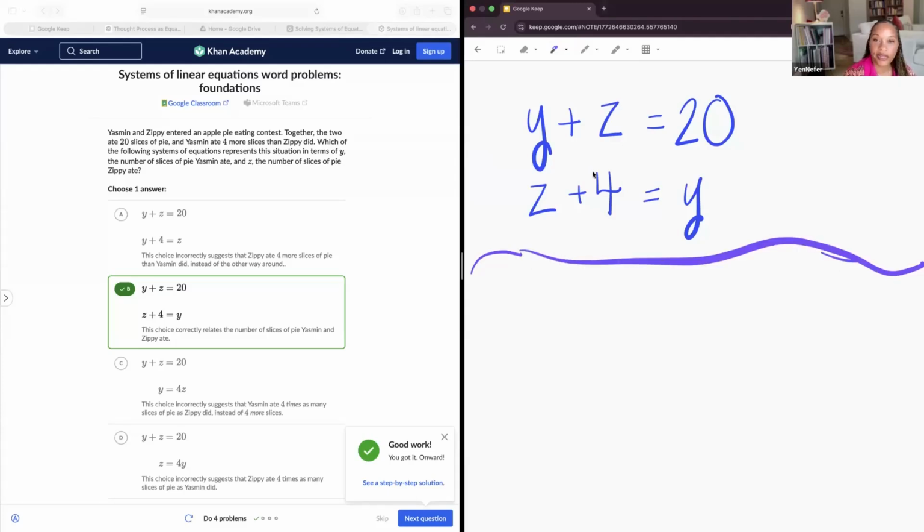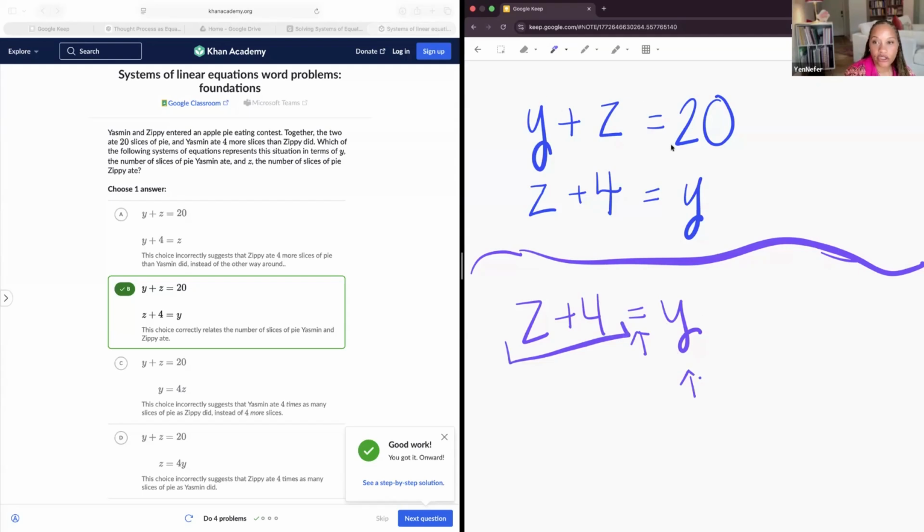So let's take z plus 4 equals y. Now, I can manipulate this equation if I know the laws of equality. I can move things around. What's easy about this one is I don't necessarily have to move anything around for this problem. It's telling me what y is equal to. y is equal to z plus 4.